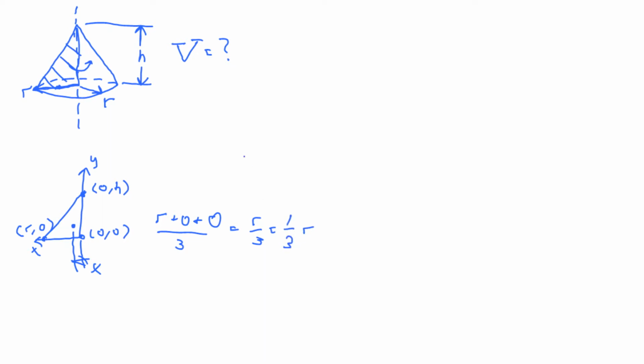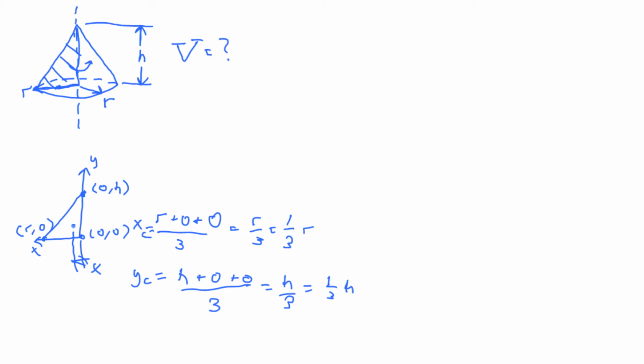I'll call this the x centroid. If I wanted to get the y centroid, that would be the sum of the y components, h plus 0 plus 0, averaged, which means dividing by the number of points, and that gives us h over 3, or in other words, 1/3 h.